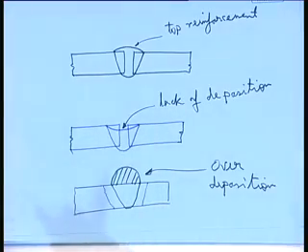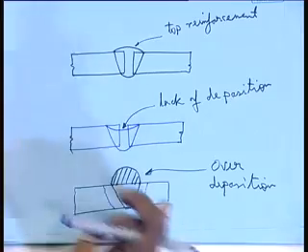So, that is one aspect, that the welding procedure should also look into, such that it leads not only to a defect free joint, but also a joint with minimum width of heat affected zone, minimum residual stress, minimum distortion, right. So, over deposition, one aspect is this.